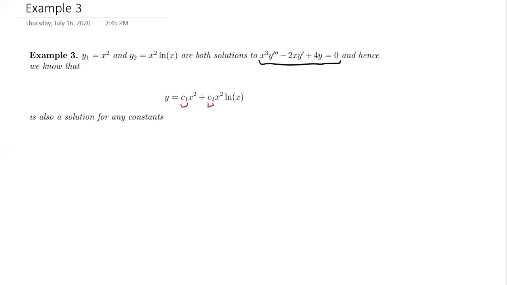Now you have to be careful, because whether this function y is a solution depends on the interval on which the original functions are solutions. This brings me to the next definition, and then I'm going to go back to this example so we can say on what interval any linear combination of these functions is also a solution.